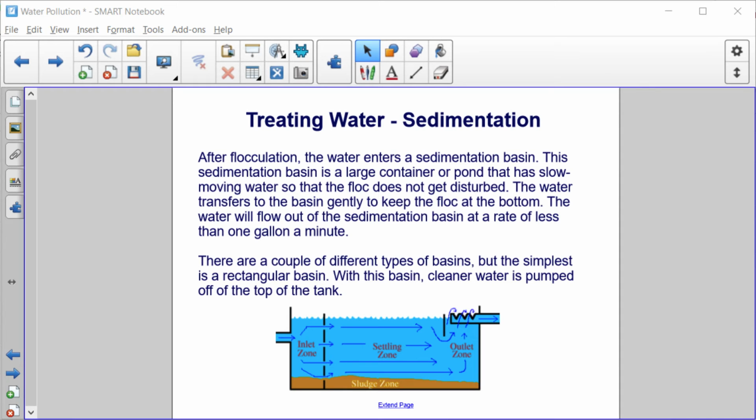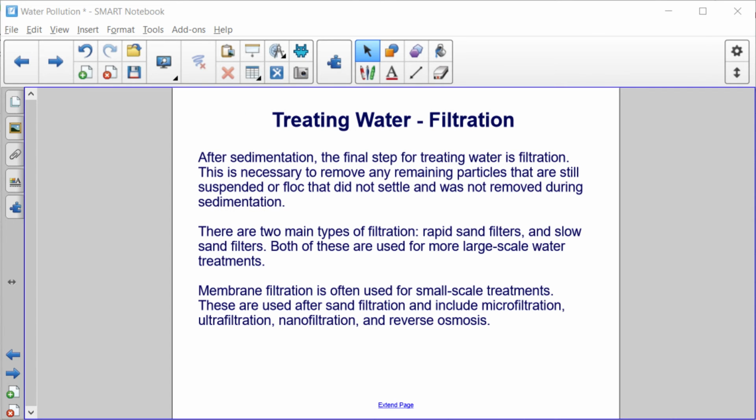There are a couple of different types of basins, but the simplest is a rectangular basin, as the one shown in the image. With this basin, cleaner water is pumped off at the top of the tank. So the water comes in here and goes out here at a rate slow enough to keep this solid waste sludge at the bottom.